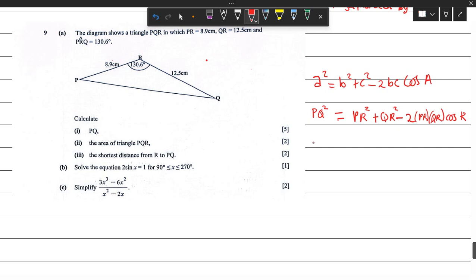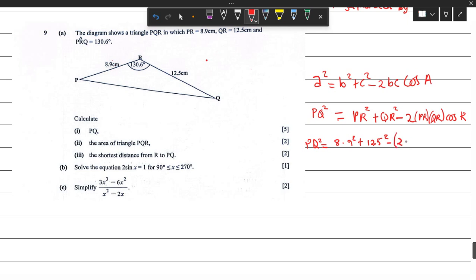Okay, so we can substitute our numbers. So we have PQ squared equals PR, which is 8.9 squared, plus 12.5 squared, minus 2.